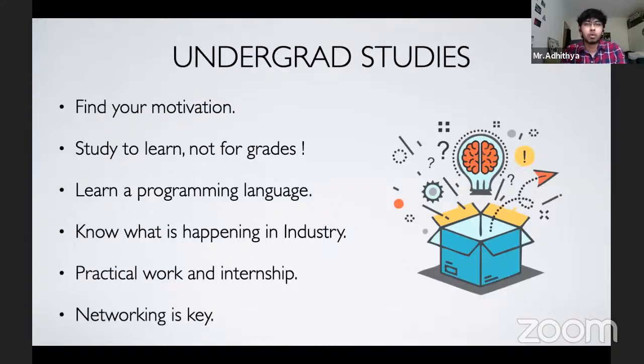So always learn a programming language, and always be up to date with whatever is happening in the industry. For example, we learn certain things from textbooks during our studies, but those are the really basic fundamentals of whatever you are studying, medical electronics or biomedical engineering or even mechanics.